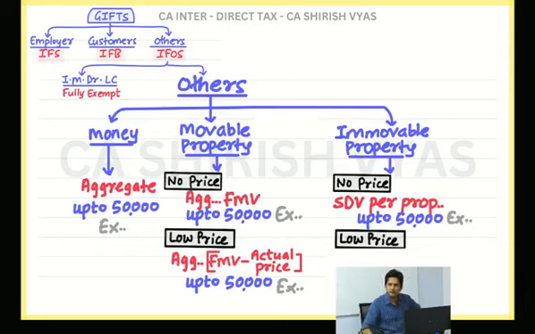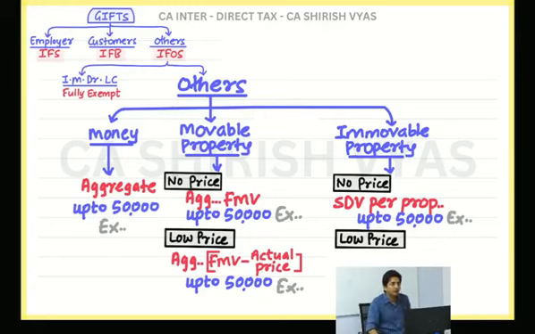So what is the difference? 5 lakhs. Now what will you think? 5 lakhs, which is greater than 50,000. Everywhere we are checking 50,000 or not. So here what will you think? 1 crore house, we paid only 95 lakhs, so we got a benefit of 5 lakhs, which is greater than 50,000. So you will feel it is taxable.